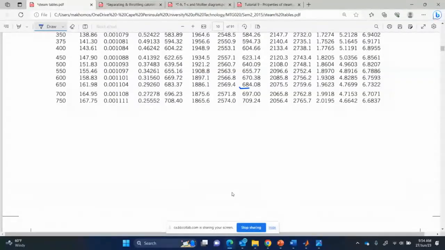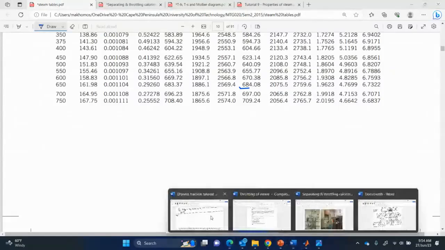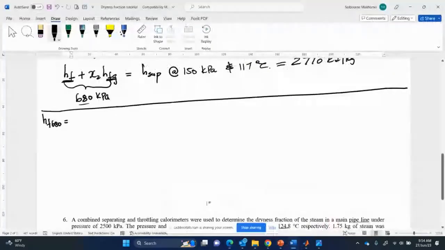HFG at 650 is 2075.5, and then we have 2065.8. Right. So let's go back. So here are the values that I got from the tables.